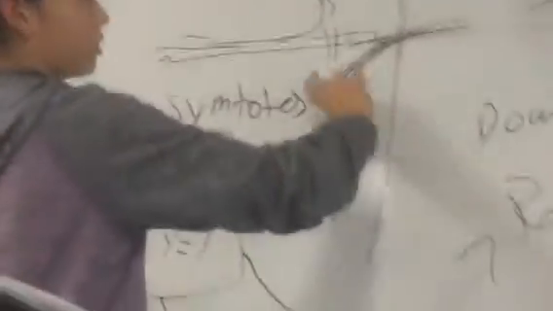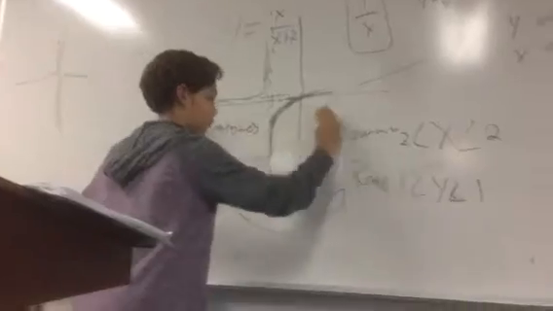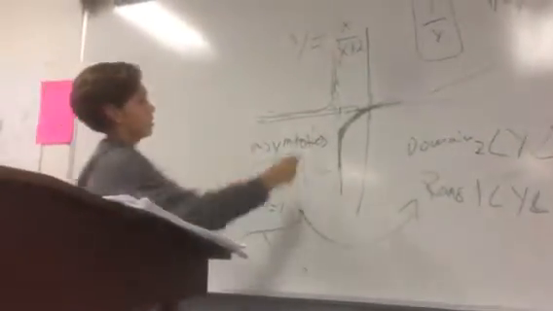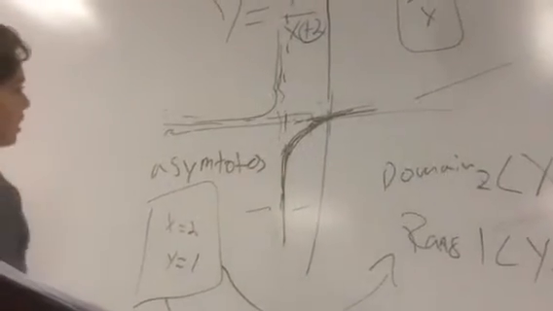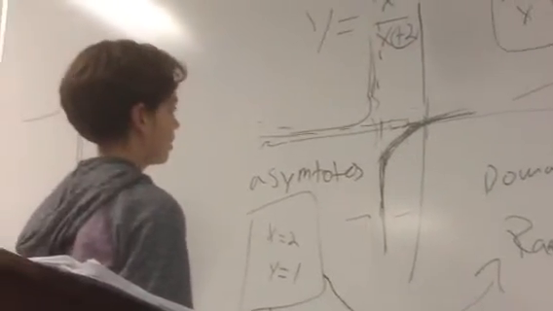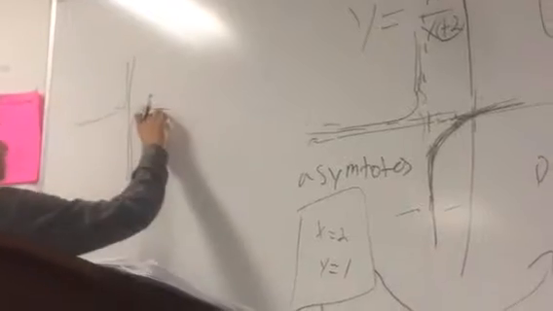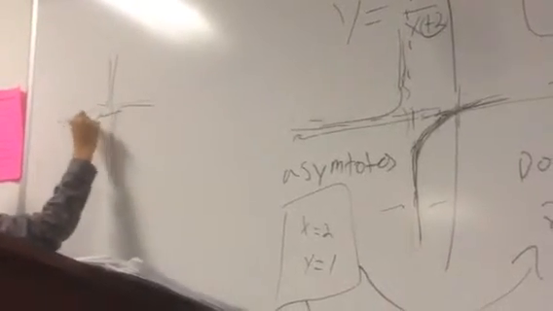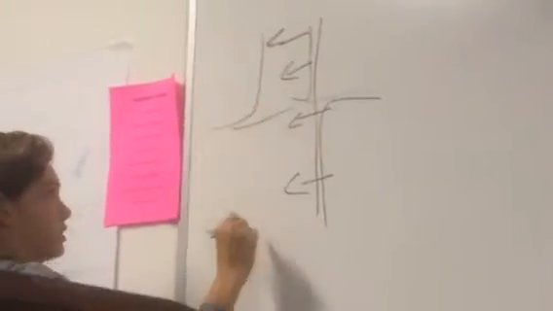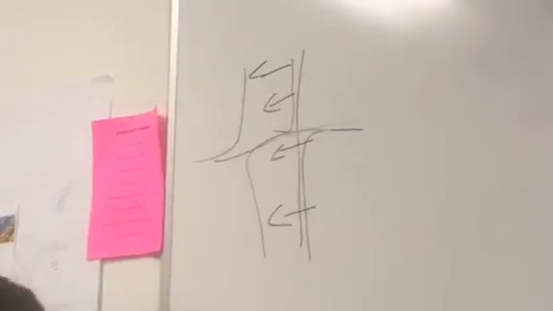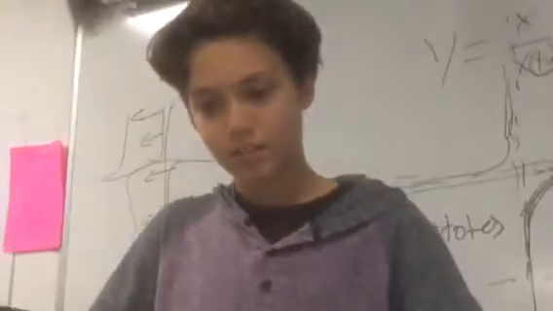But since we've shifted this over by the plus 2 right here, that's why this is transformed this way. So then the new equation is like this. All right, and that's it.